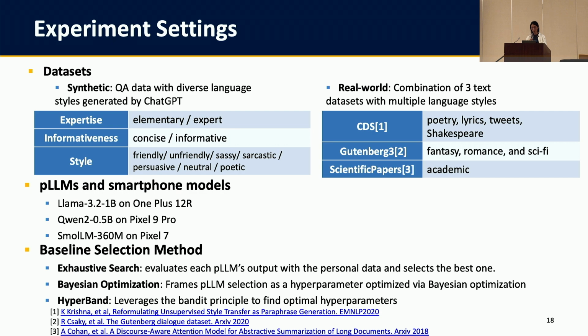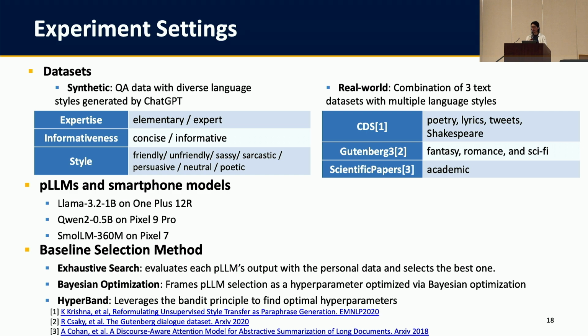In the evaluation, we fine-tune a base model into a personalized model with two datasets with diverse language styles. For the synthetic data, we prompt GPT-4 to generate text with specific data and with a specific language style, and the language styles are characterized by these three dimensions as shown in the left table.